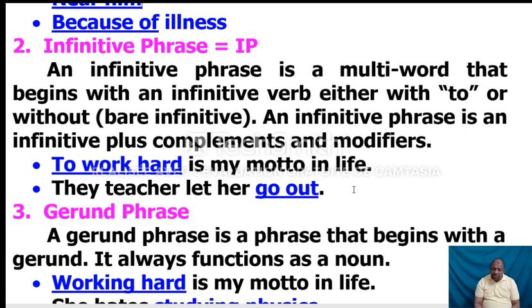Something very important is that this infinitive must be followed by some modifiers, some complements, 1 or 2 or 3, depends. Let's see the examples. To work hard is my motto in life. So we have to work, which is infinitive, and it is followed with an adverb.